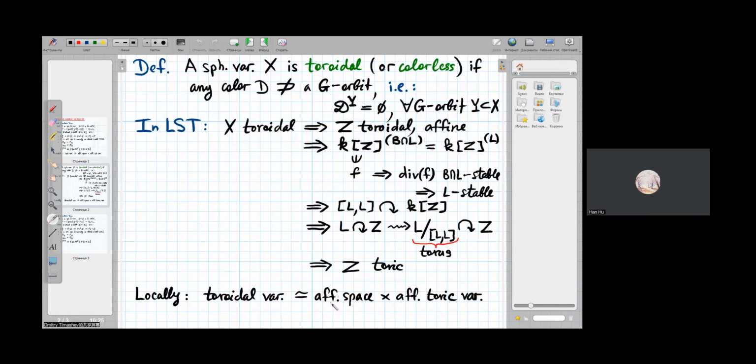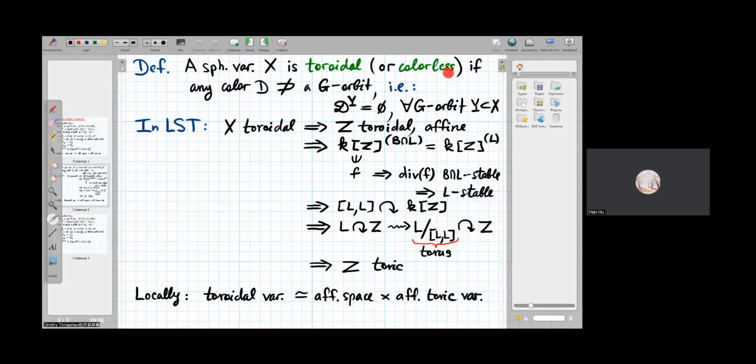But also let me observe that each affine space is also a toric variety, just for the action of the torus by independent dilations on each coordinate. And the product of two toric varieties is still a toric variety. So you may also say that toroidal varieties are locally toric. This explains the name toroidal for them.